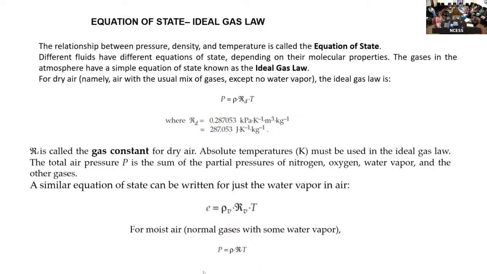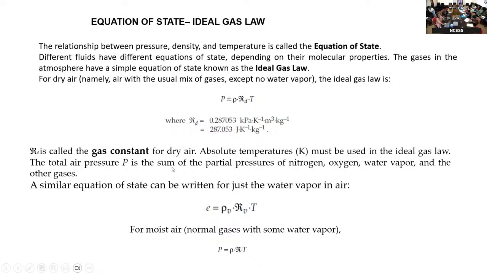First we consider dry air, that is, no water vapor is present. The ideal gas law says pressure is directly proportional to temperature, with density and the gas constant. That R_d is the gas constant for dry air.